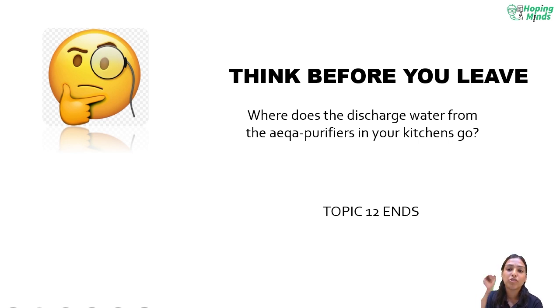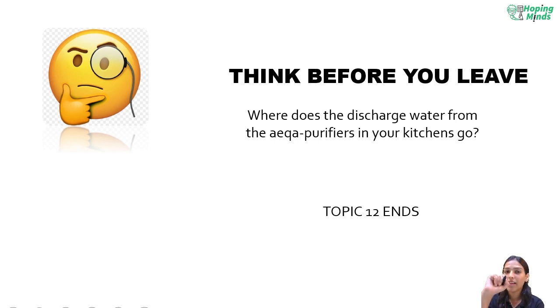Let me ask you a question before I end this topic. We all have aqua purifiers at home, because we know that drinking water directly from the municipality is not very clean. When we have installed that water purifier, it definitely has a discharge water pipe. Where does that discharge water in your kitchen go?